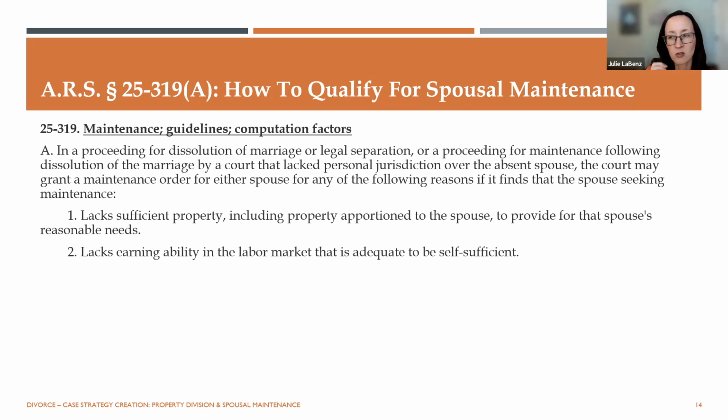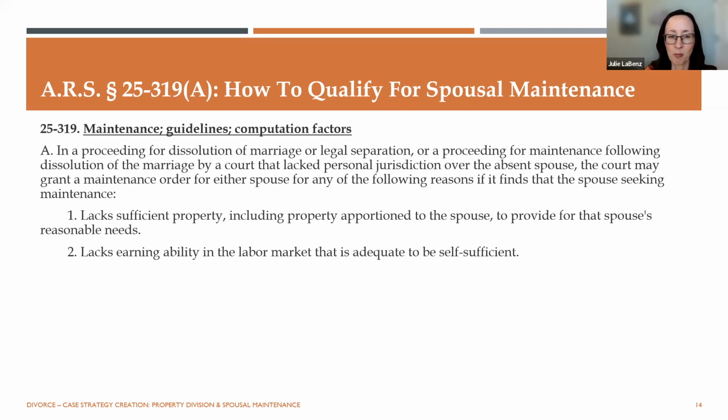So that's really what that's aimed at, is looking at what are you capable of making and can you be self-sufficient? The court isn't always going to give you an inflated lifestyle to compare your earning ability to. If you're at minimum wage, the court will expect you to live a more modest lifestyle. However, if you came from a $1 million marriage, the court's going to consider that.